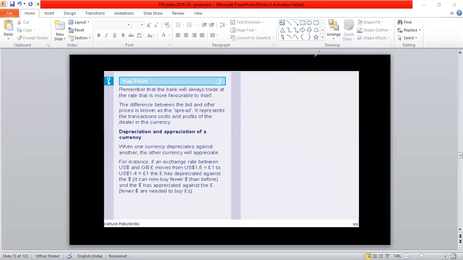The key point is explained here. Remember that the bank will always trade at a rate that is more favorable to itself. That is the rule of the business: when the rate is favorable to them, they take up the transaction accordingly. The difference between the bid and the offer price is known as the spread.